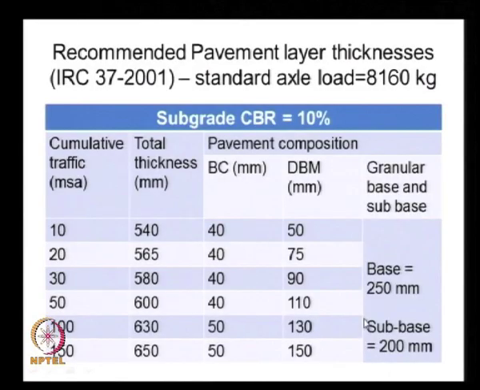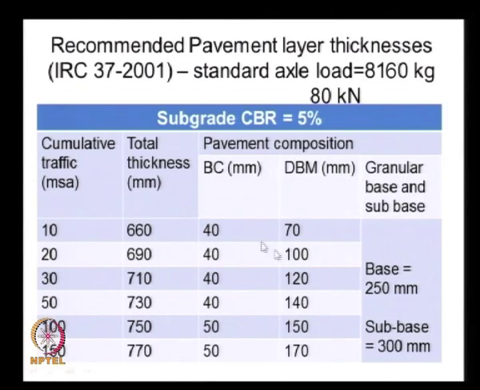And here we see the same data given for 10% of the CBR value, and as the CBR value increases, the requirement of the pavement thickness reduces. So, for example, for 150 million standard axle loads, for a CBR of 10%, the total pavement thickness is 650, and here for a CBR value of 5%, it is 770.